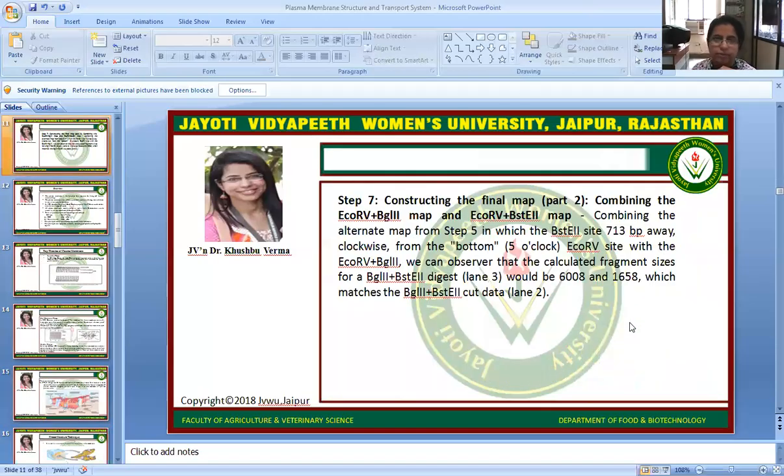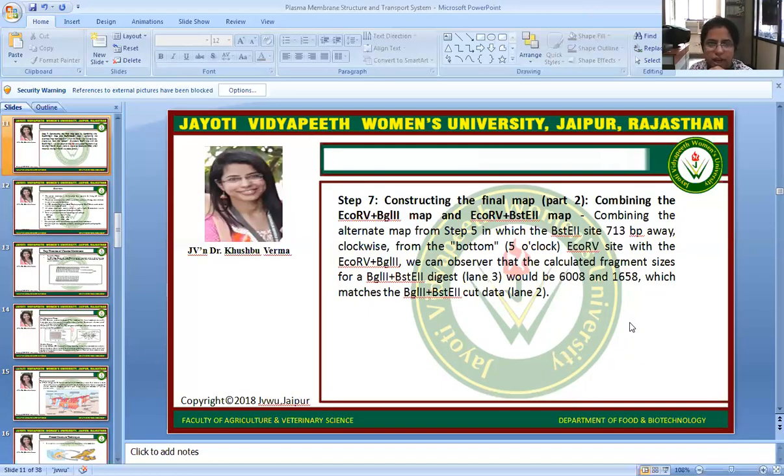The last step, step 7, is constructing the final map, part 2, combining the EcoRV and BglII map and the EcoRV and BstEII map, using the alternate map from step 5, in which the BstEII site was 713 base pairs away clockwise from the bottom 5 o'clock EcoRV site.